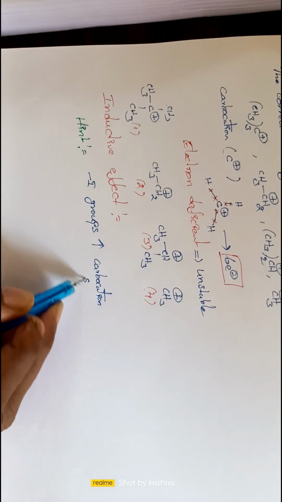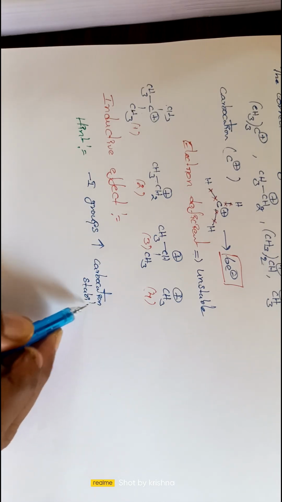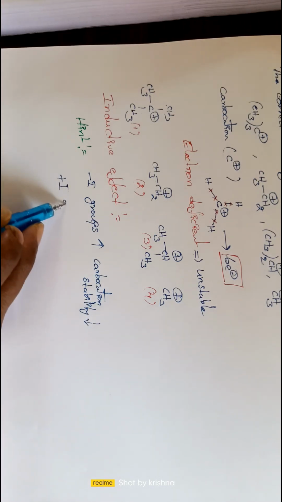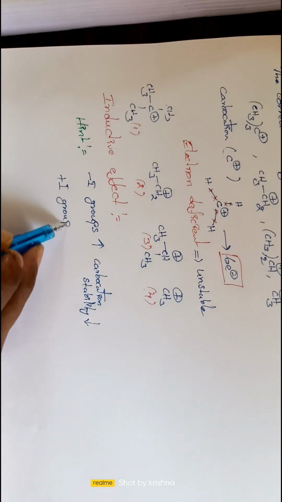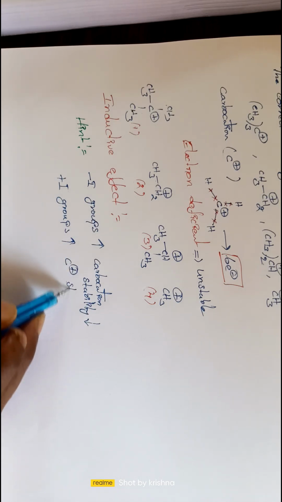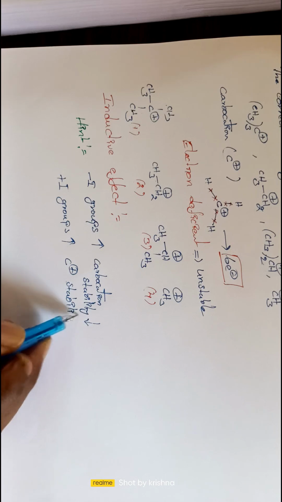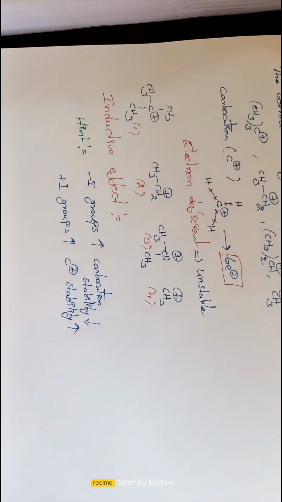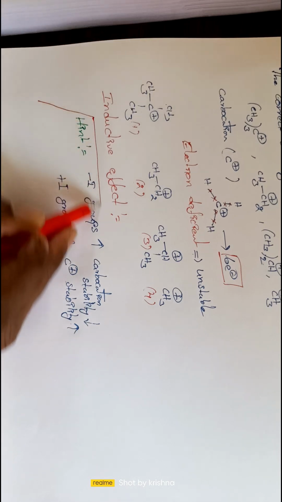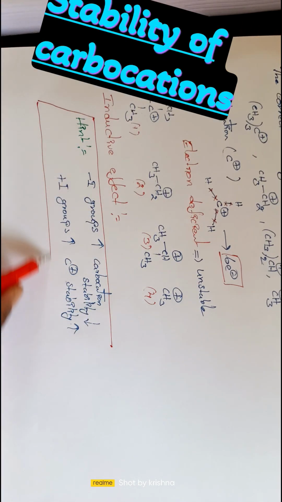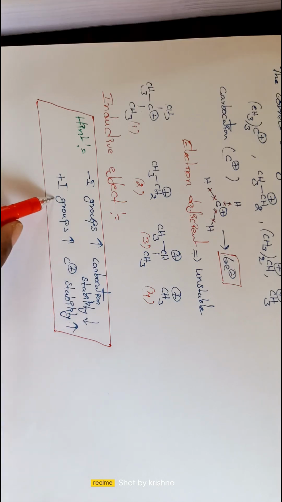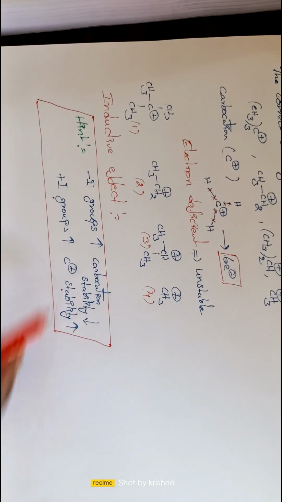As plus I groups increase, carbocation stability increases. This is the common hint for aliphatic systems' carbocation stability. Minus I groups increase, carbocation stability decreases. Plus I groups increase, carbocation stability increases.